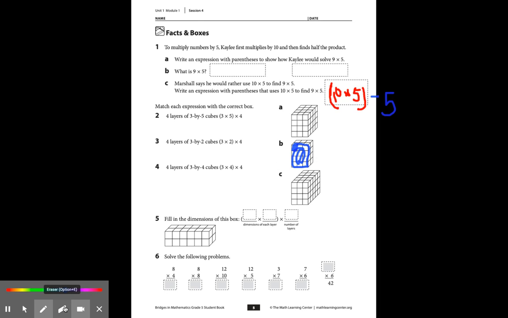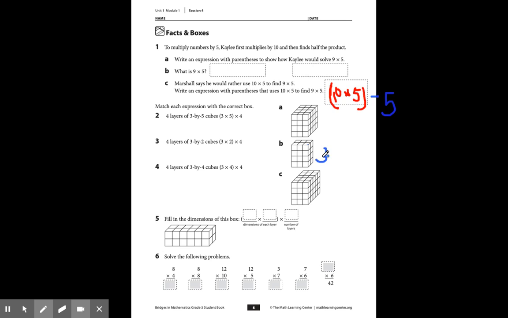Let me see if I can erase that so you can now see it back the way it was. If we were to go vertically, you'd have 3 by 4 there. But when you go just on a base layer, you have 3, but it's just too wide. 3 by 2 on the base layer, and you add another 3 by 2.